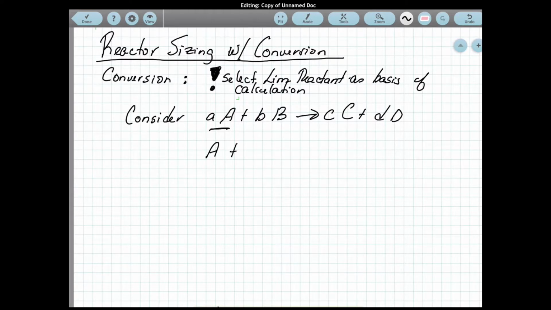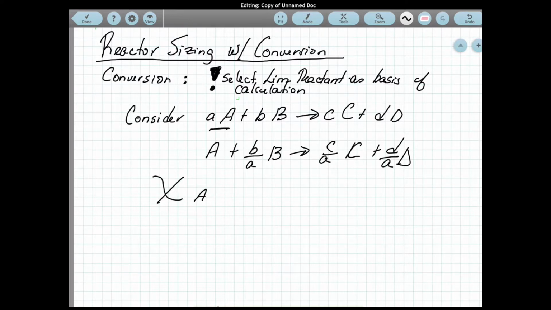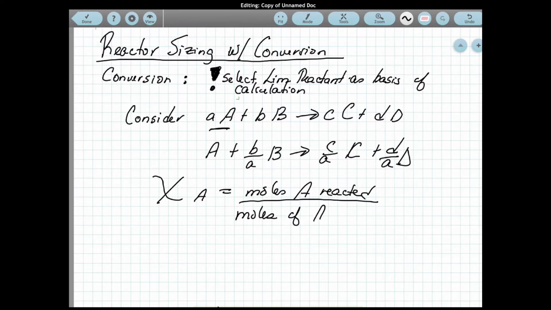So we're going to have a chemical equation that will look like this. Okay, so that means that we can define conversion as capital X equals the moles of A reacted over the moles of A fed into the system.